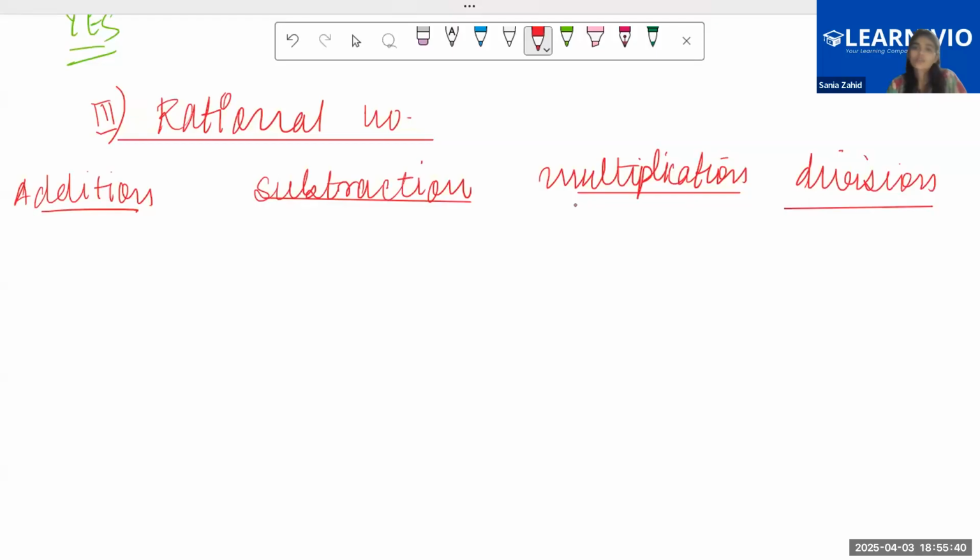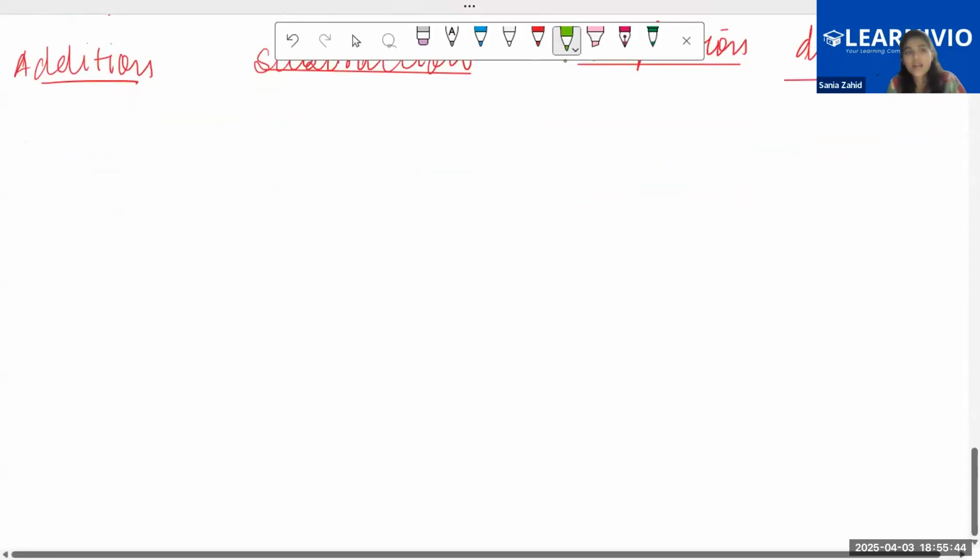So again, if you have two rational numbers, let's suppose I have 1 by 2 plus 3 by 2.